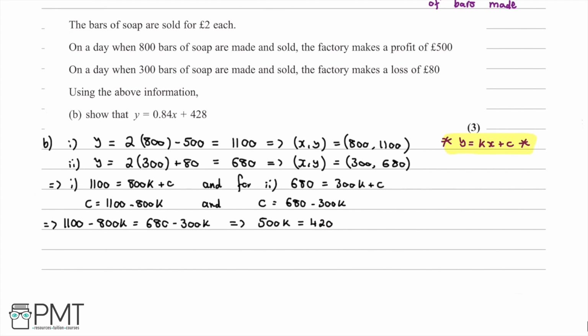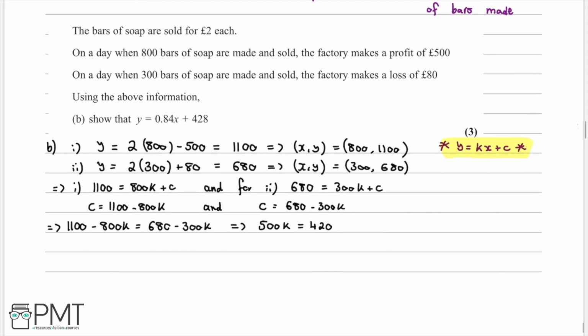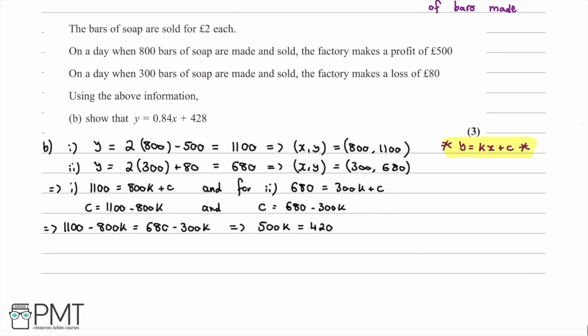And what we'll then do with that is divide both sides by 500, and then putting into our calculator 420 divided by 500, we have that k is going to be equal to 0.84. And what we can then do is we take our equation for c.